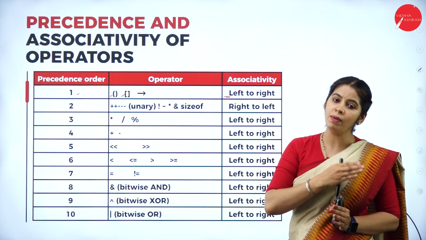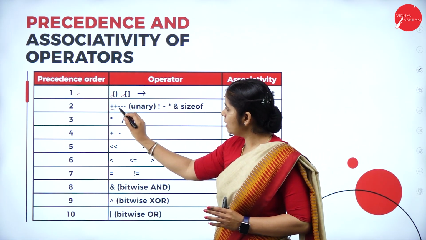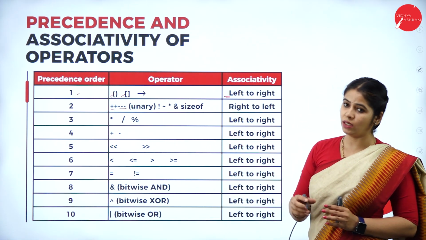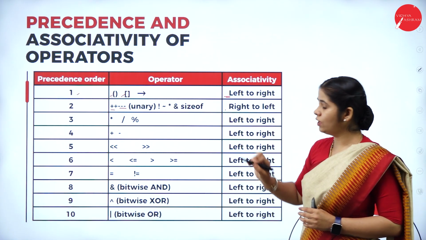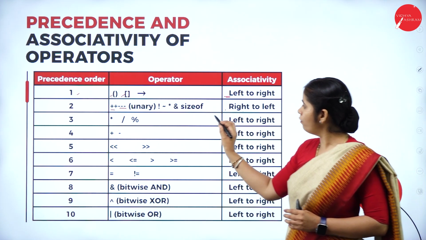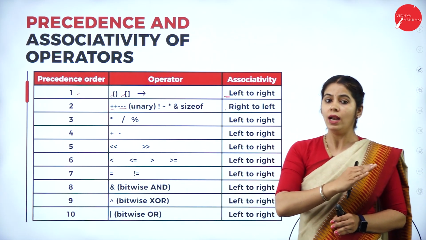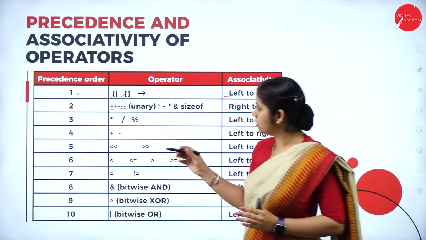We have to move from left to right. Then unary plus and minus. Unary operators have the next highest precedence. What is the associativity for unary operators? That is right to left. We have to move from right to left when we have same priority operators.